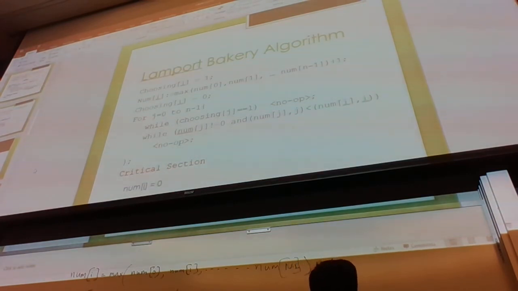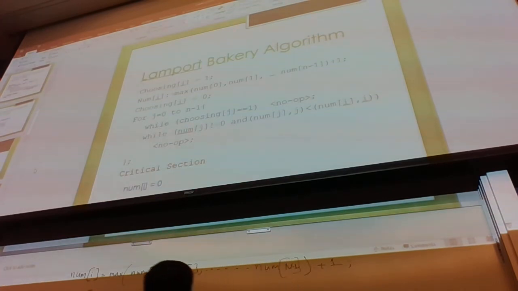Then what is it doing? The next for loop. So for the next for loop, let's again strip down the for loop. So in the for loop, it is looking for all the processes, 0 to n minus 1. So it is iterating through all the processes. Now doing what? So let's see this.